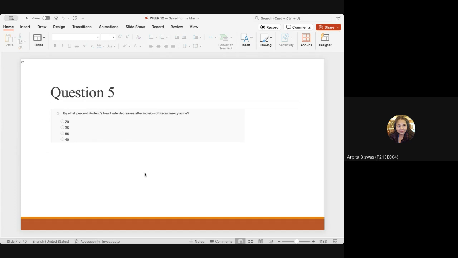First option is 20%, second is 35%, third is 55%, and option D is 40%. So the right option is option C, 55.